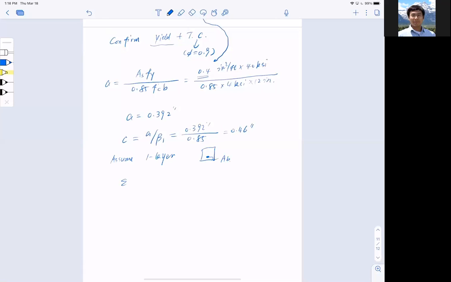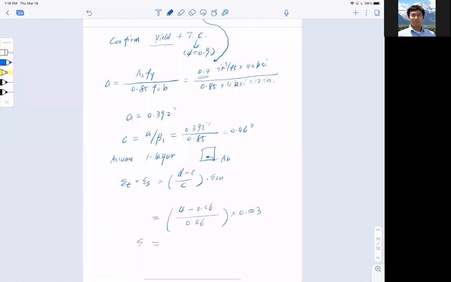So epsilon T, remember in tensile, should equal epsilon S. That equals (d minus c) divided by c, multiplied by epsilon Cu. Bring the numbers in: d equals 4 inch, c equals 0.46, divided by 0.46, and then multiplied by 0.003.